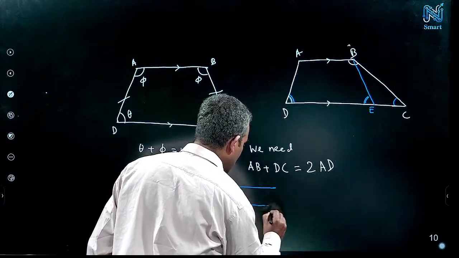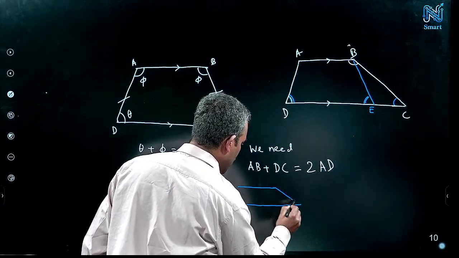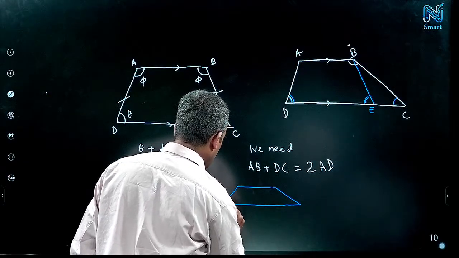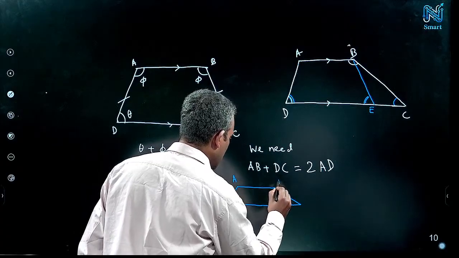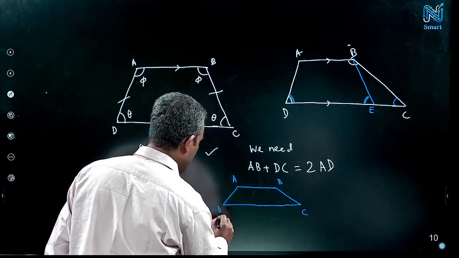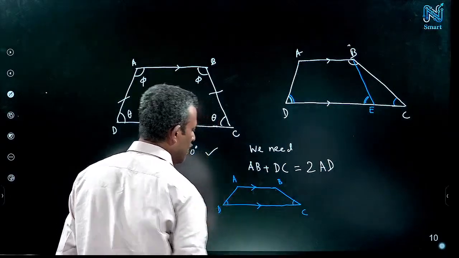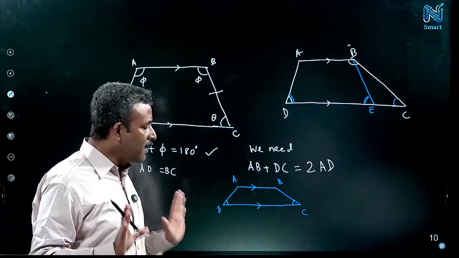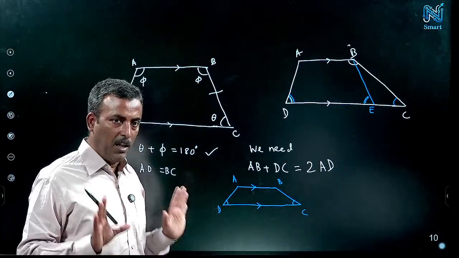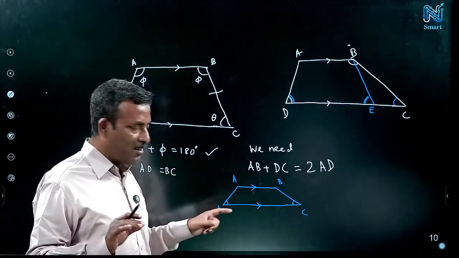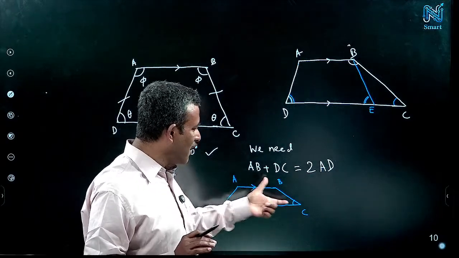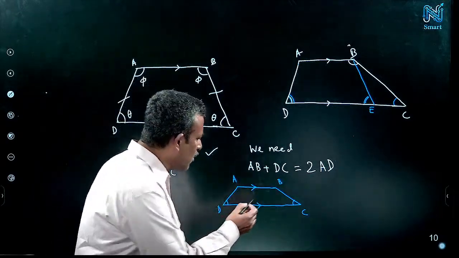This is not the proof, this is a basic conceptual idea. We draw this isosceles trapezium, right? Now clearly AB plus DC is bigger than AD plus BC, clearly. So you can't draw an incircle.